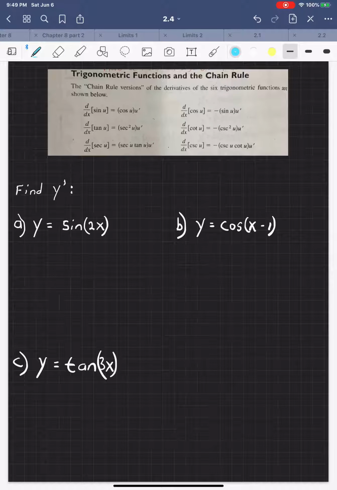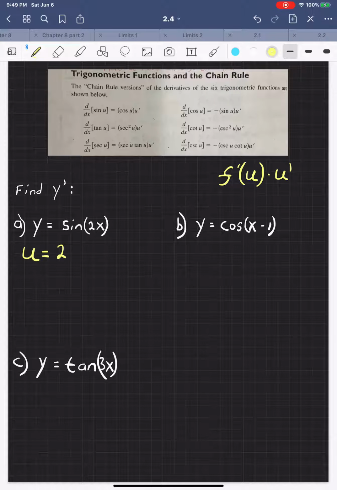But we're not going to introduce any new notation. We're going to continue with f prime of u multiplied by u prime. Okay? So in this case, let's start with a. I'm recognizing that I need a chain rule, and I'm going to allow u to equal 2x.